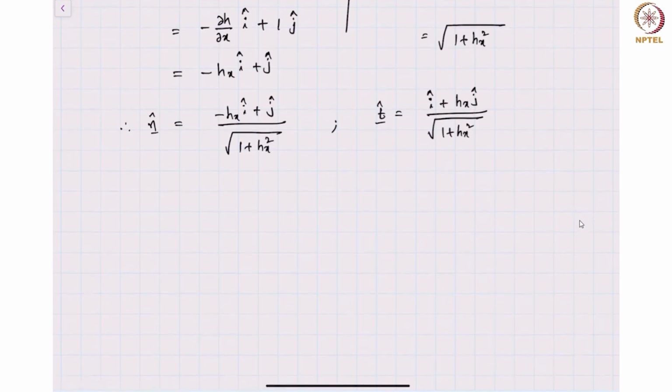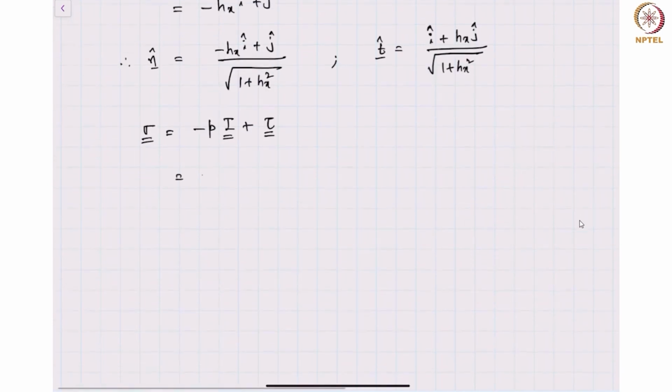So in 2D, if I know the expressions for n and t, and let's say I know the stress tensor sigma, which is minus p times I plus tau.